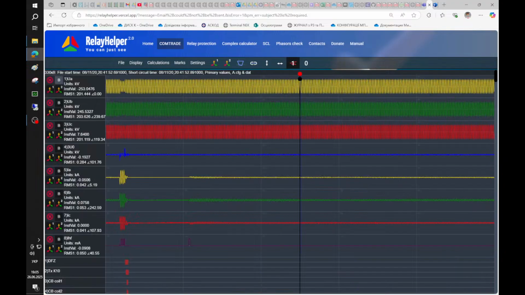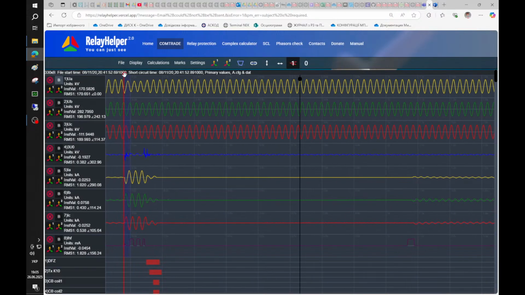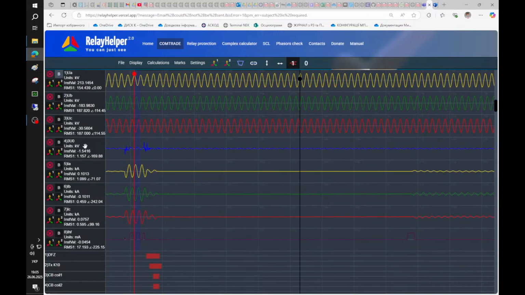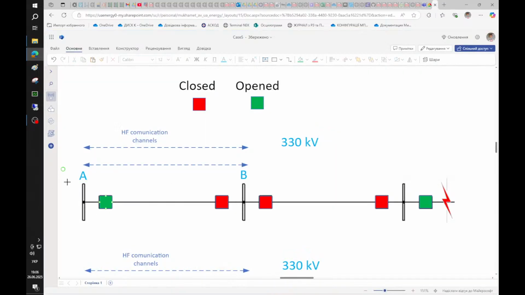Here we have voltages on the top. The line has its own line voltage transformer. We can see that it was a phase A to ground short circuit, and the values of the current are very low. This is a very powerful source.